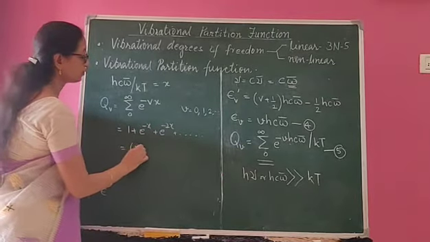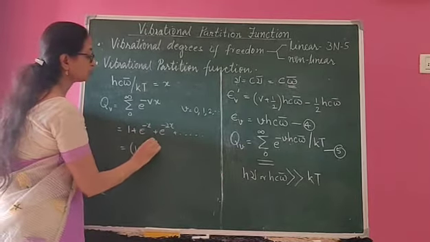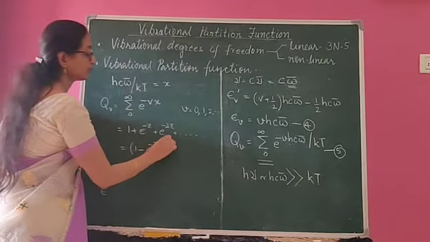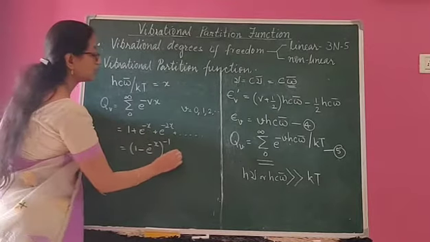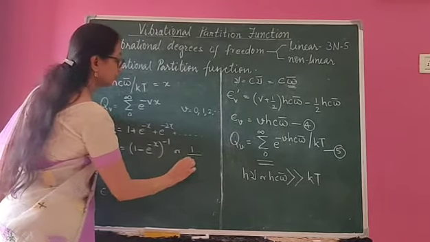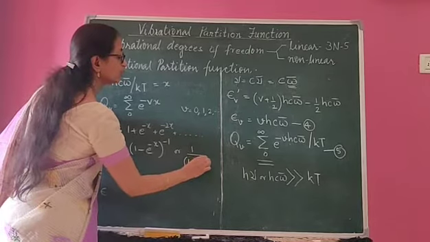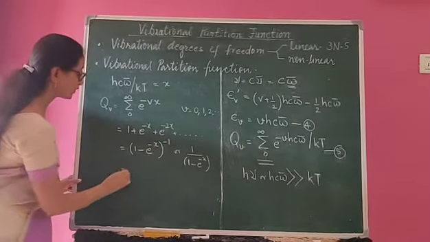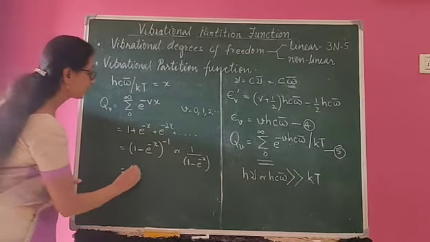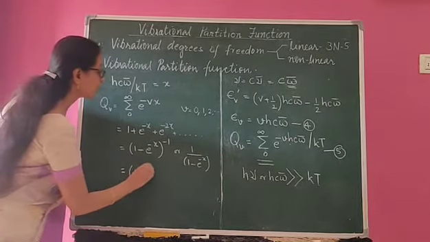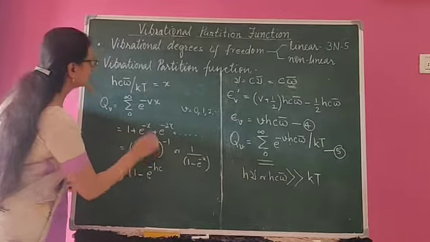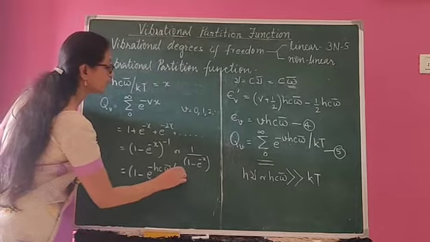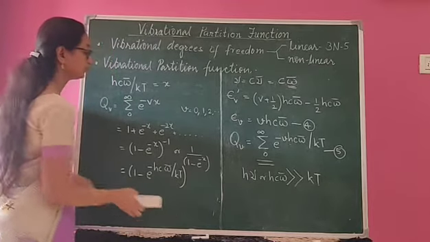In general form this is 1 minus e to the power minus x, whole inverse, or 1 divided by 1 minus e to the power minus x. We can substitute the value of x here, so the expression becomes 1 minus e to the power minus hc omega bar upon kT, raised to minus 1.